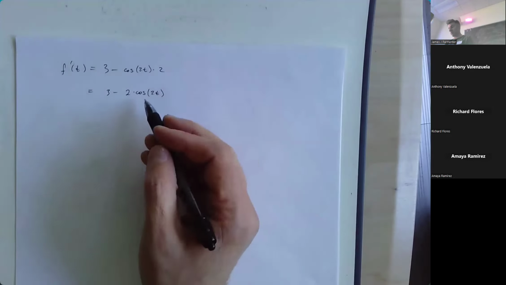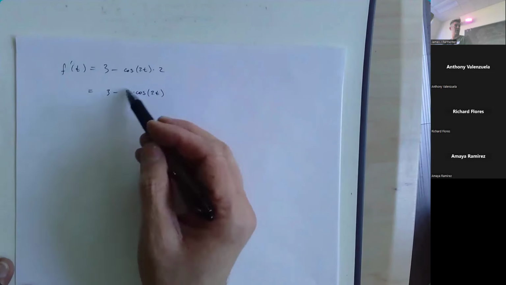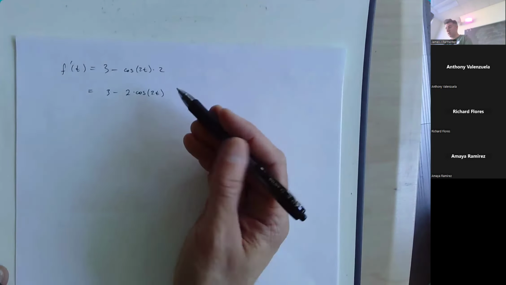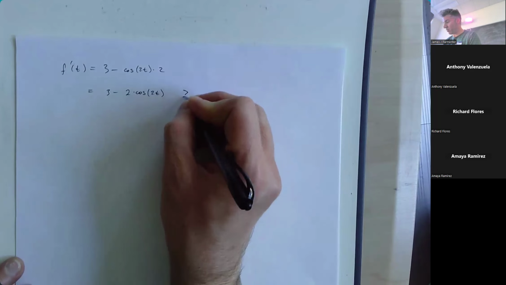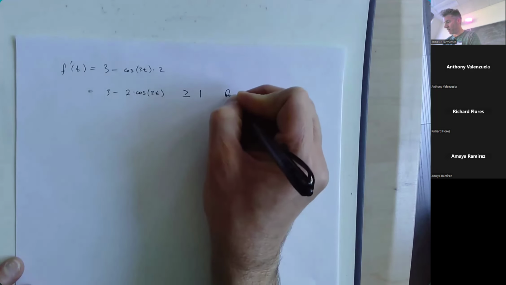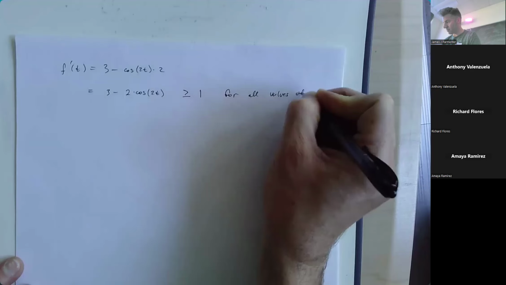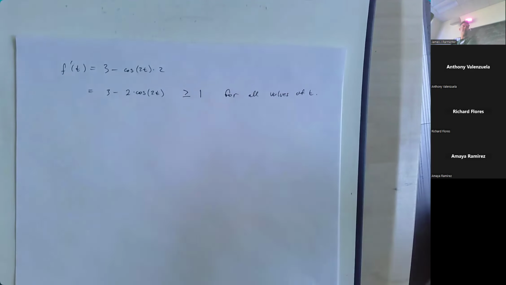The biggest this cosine part can ever be is 2, so the smallest this can ever be is 3 minus 2, which is 1. So this is bigger than or equal to 1 for all values of t. In other words, the derivative is always positive, or the function's always increasing.